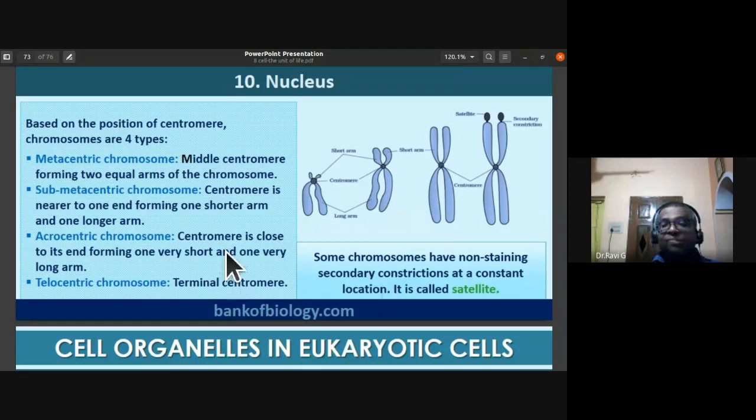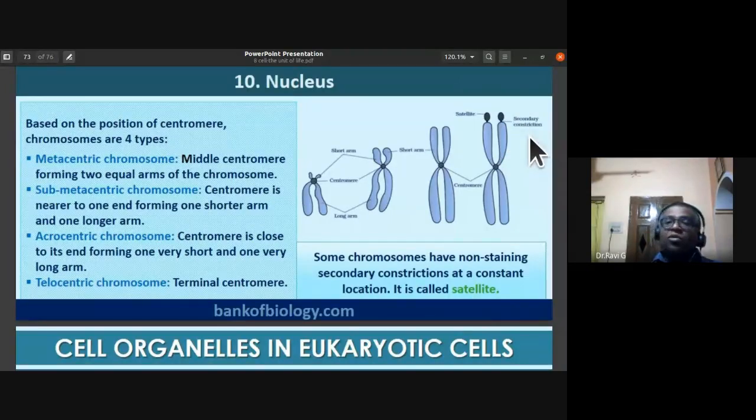Some chromosomes have non-staining secondary constrictions, which are called satellite.